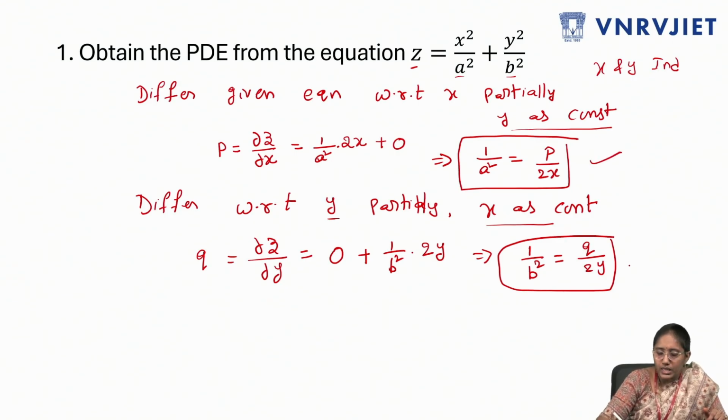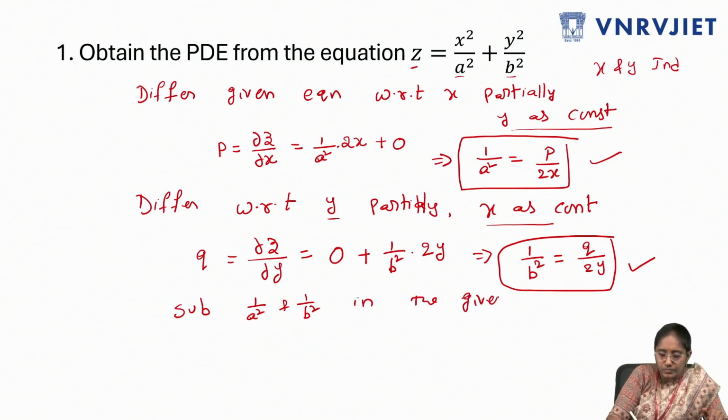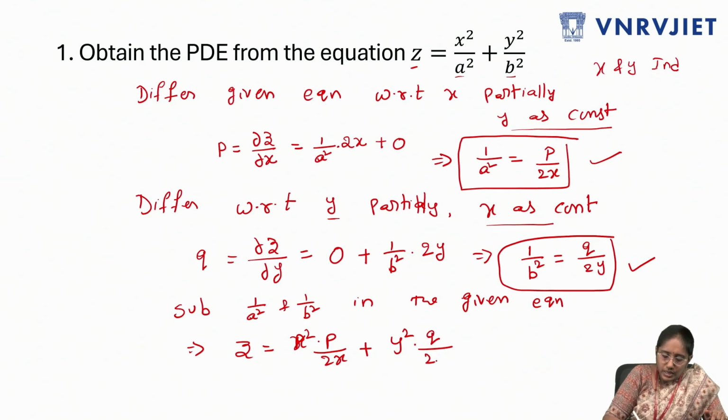Substitute 1 by a square and 1 by b square in the given equation. Then you will get z equals x square into 1 by a square, where 1 by a square is replaced with p by 2x, plus y square into 1 by b square, where 1 by b square is replaced with q by 2y.